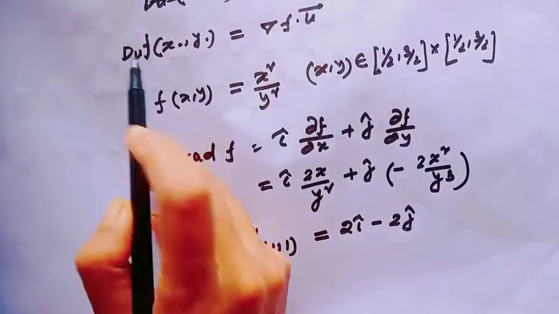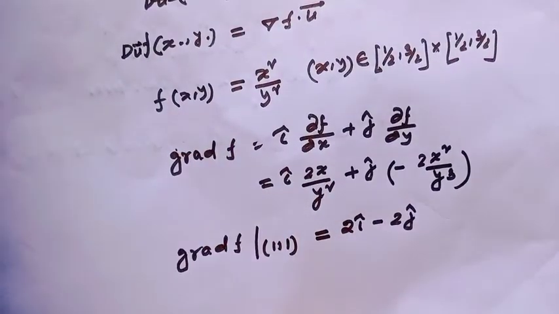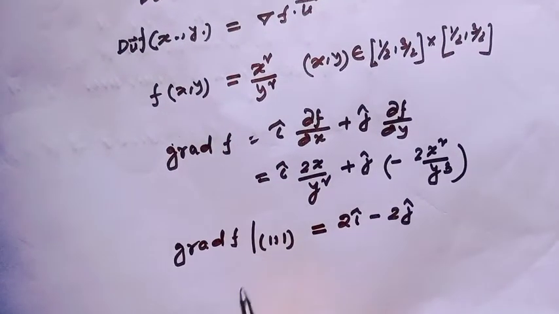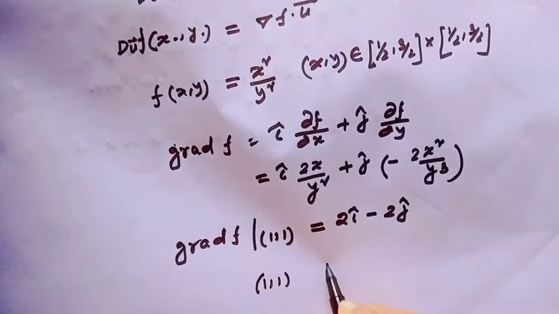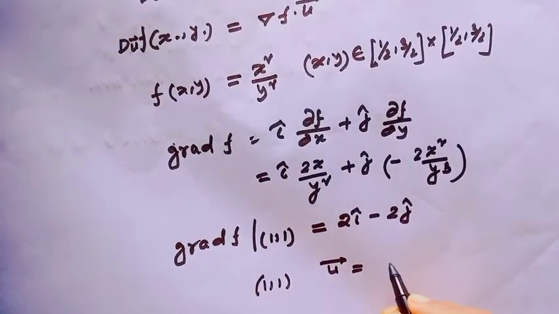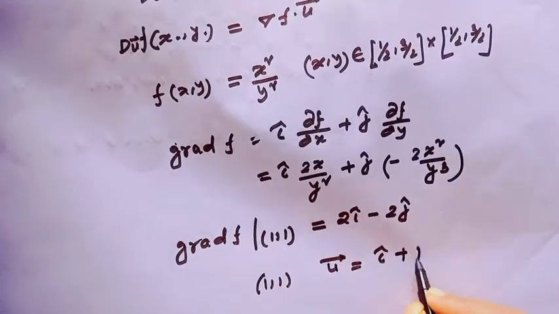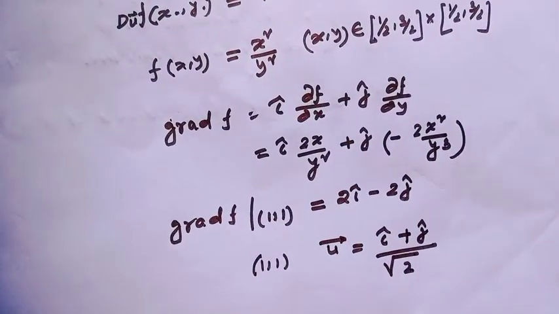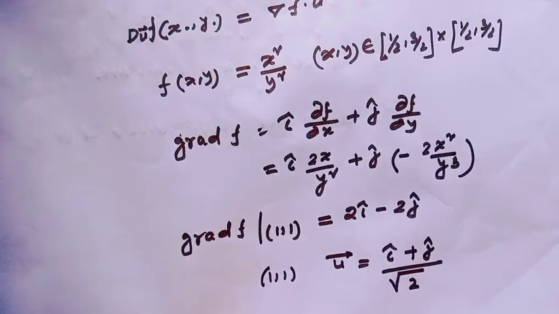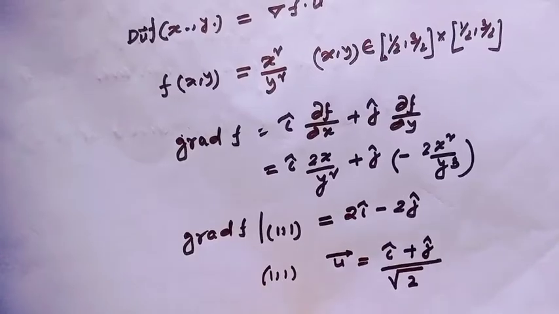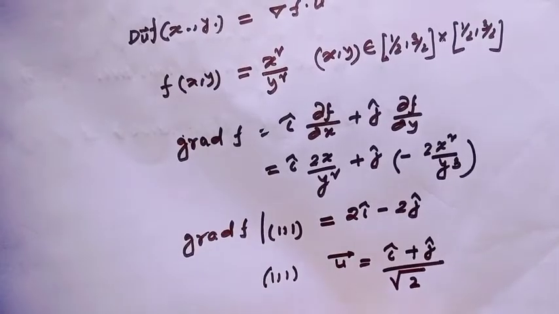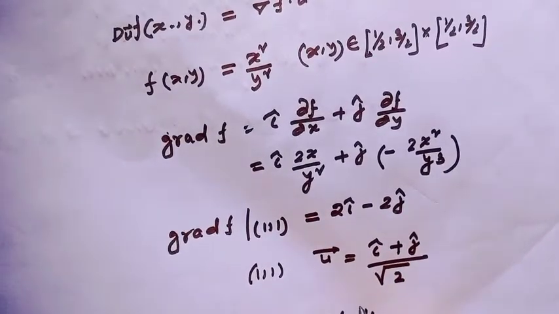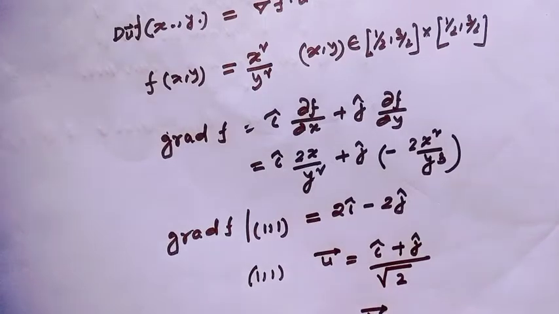And here the vector is a unit vector, and given along the direction (1,1), that means the unit vector u equals (i + j)/√2. Then by this formula, the directional derivative along the direction (1,1) at the point (1,1) would be the gradient of f dotted with the direction u.